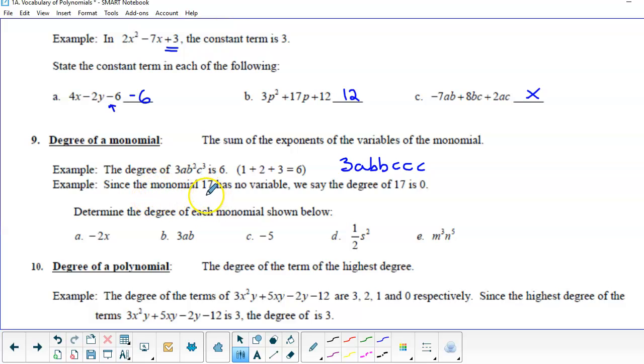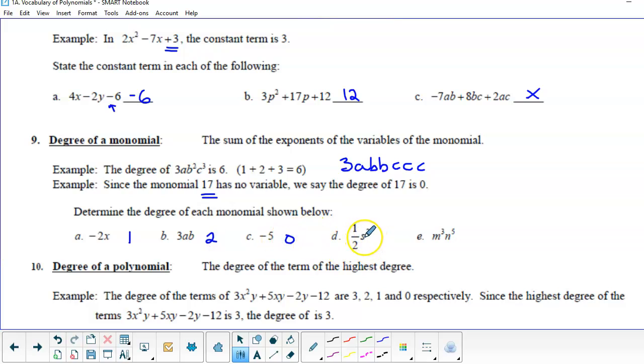So here, if we're looking at a monomial 17, it has no variable. It's just a number. So the degree of it is 0 because there are 0 variables, right? So the degree of a monomial is how many variables are multiplied together. Here there's just 1 variable. Here there's 2, a times b. Here there's no variables.